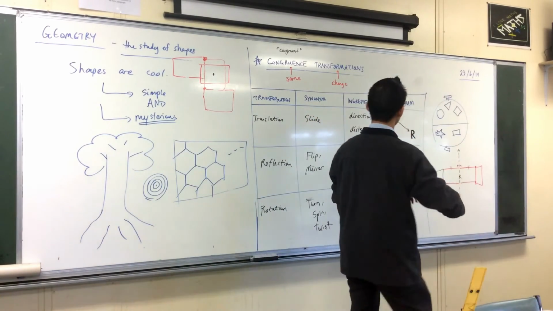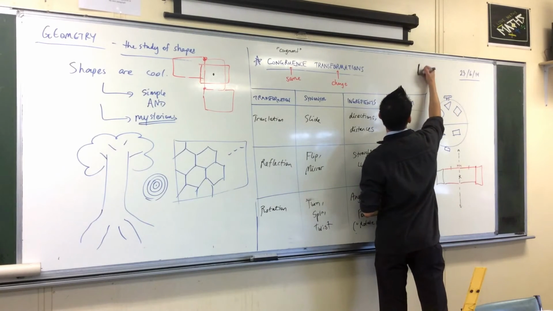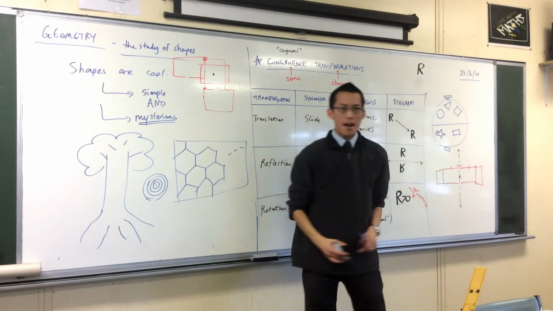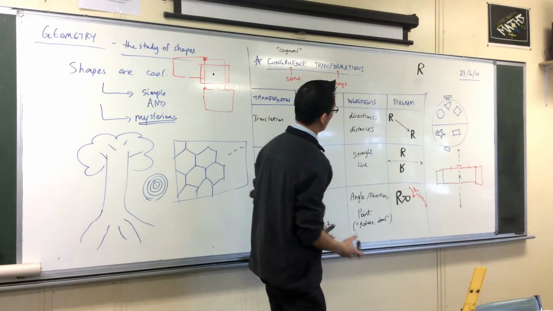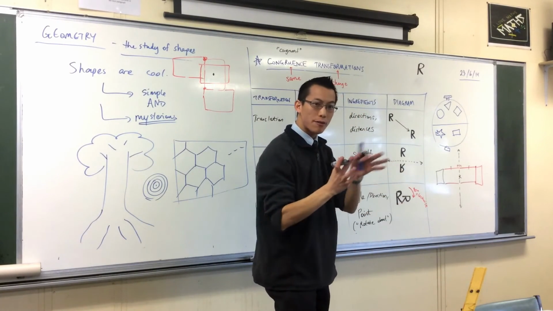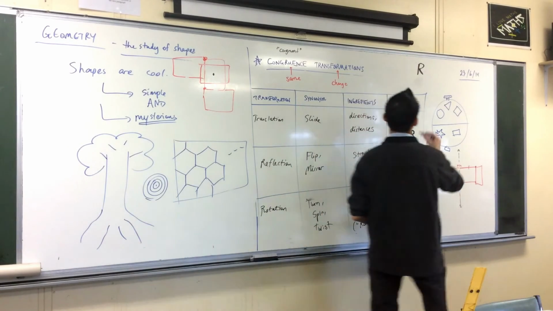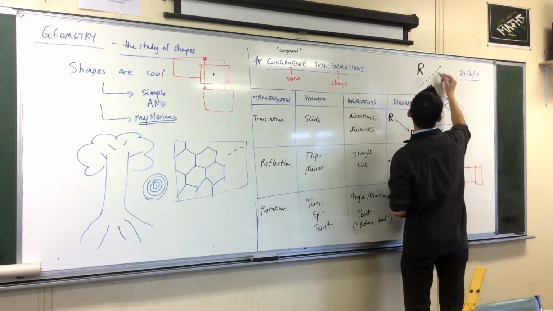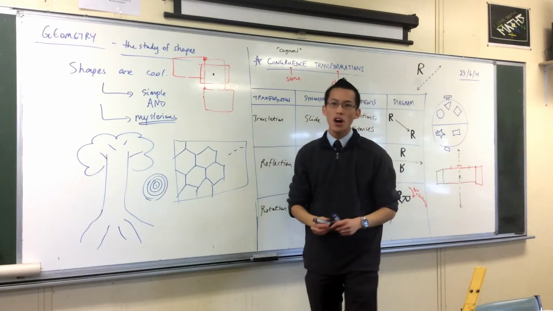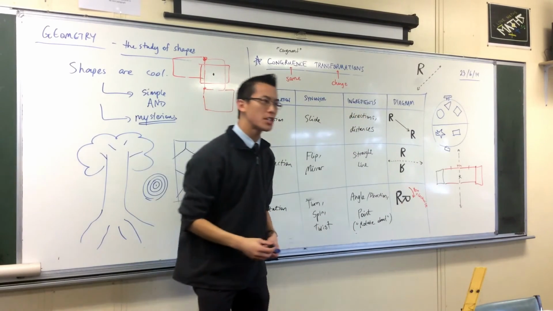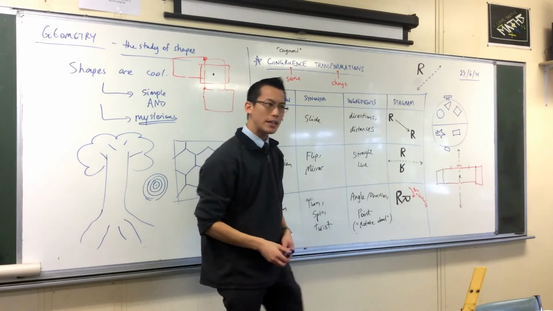For instance, if I drew this R up here, and maybe you want to try this with me actually, if I drew that reflecting line off at a weird angle like this, the R's not going to be upside down and it's not going to be back to front. Where will it be?